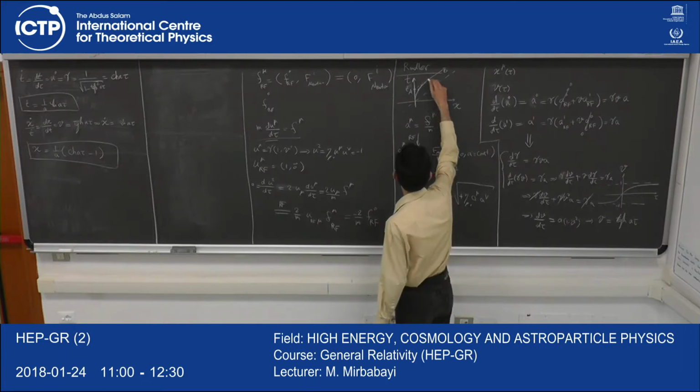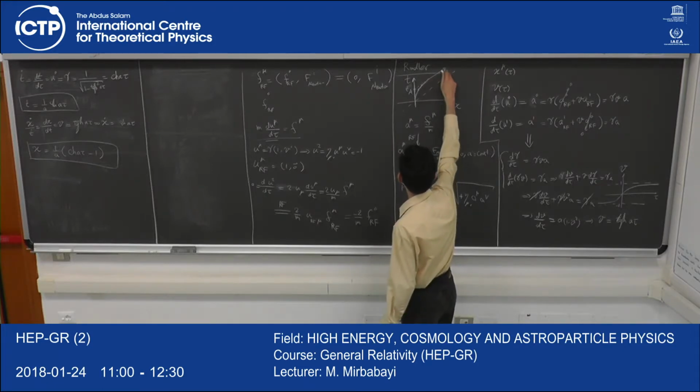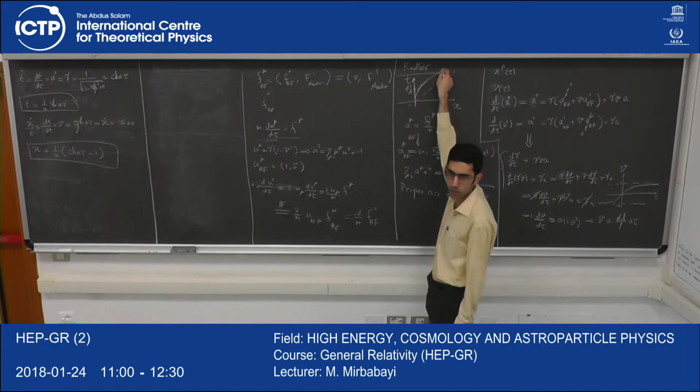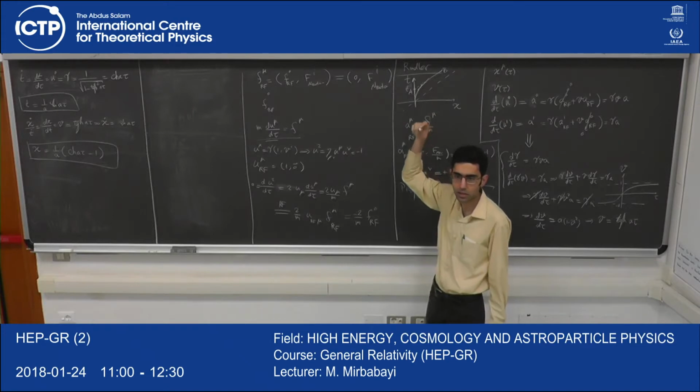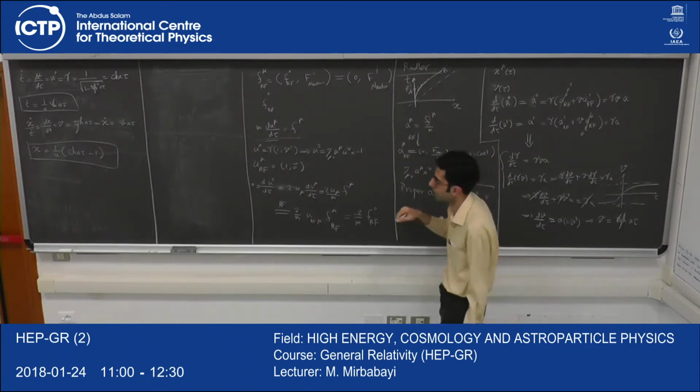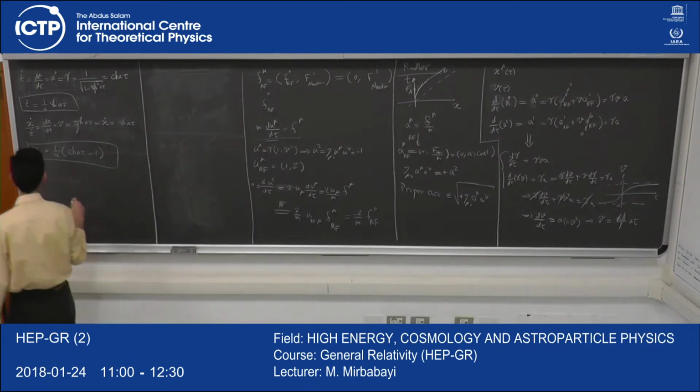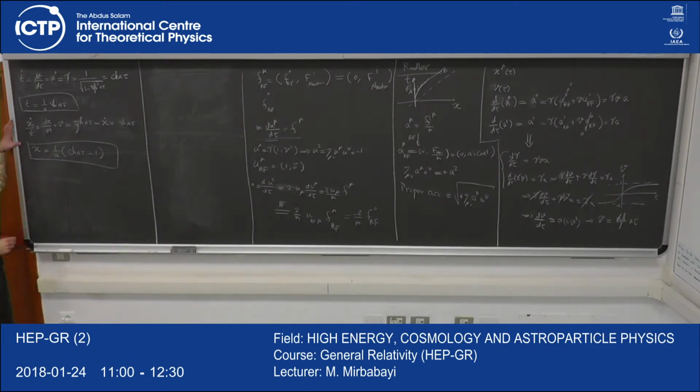So what is the time for this? It's basically looking at the asymptotic trajectory of Bob and seeing where it intersects the t axis. That would be the final time, right? So all that I need to do to determine t_A is to see how this trajectory behaves asymptotically, as I send tau to infinity.